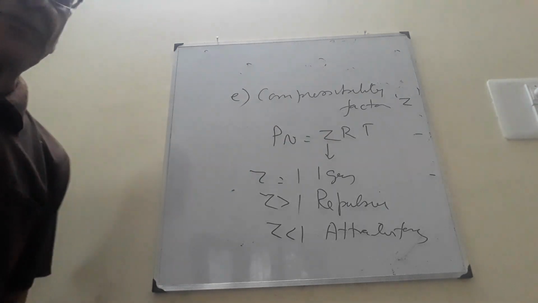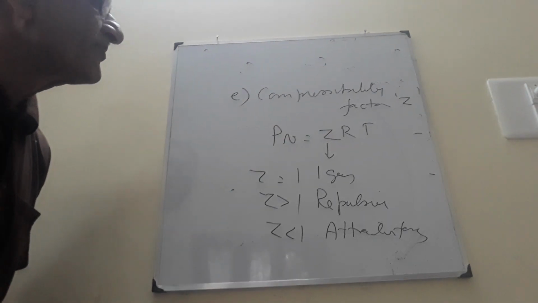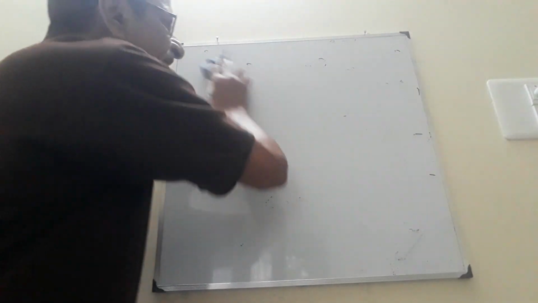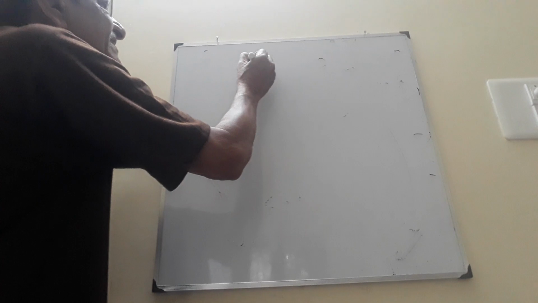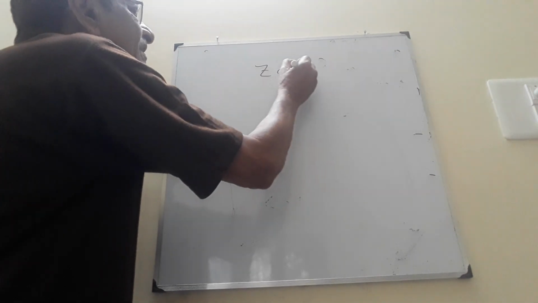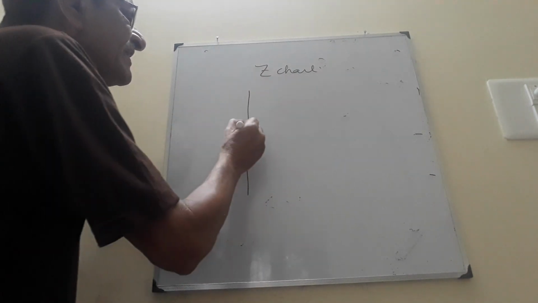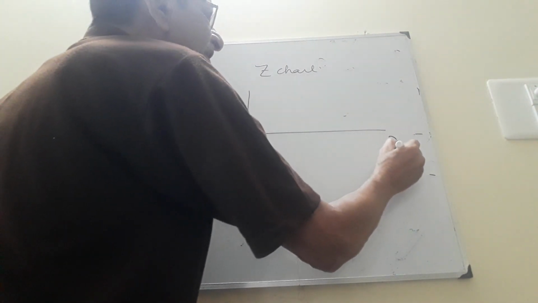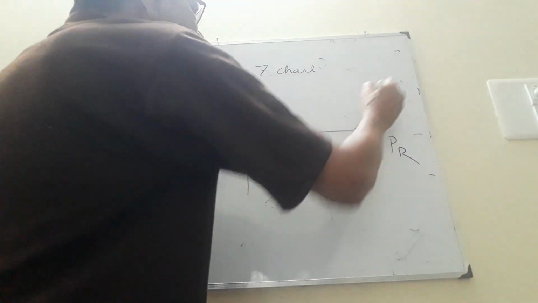Now, to calculate the compressibility factor, there are a number of methods. One is called the Z chart. It's a chart of Z versus PR, with TR as parameter.